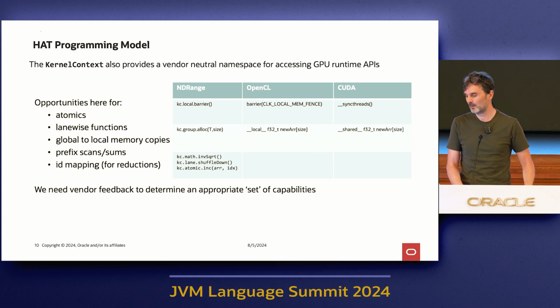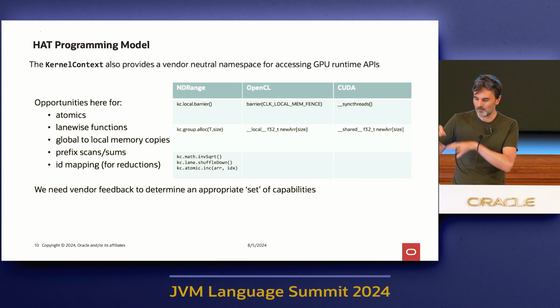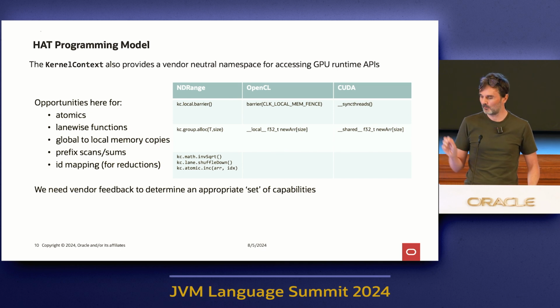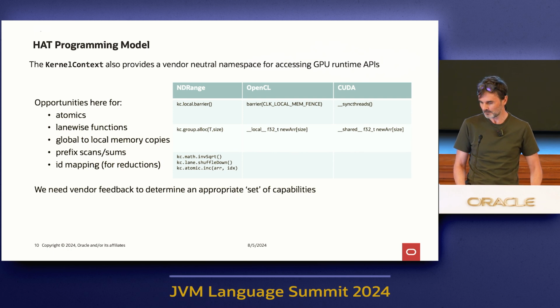And it may be where we offer high-level functionality, like prefix scans, sums, maybe vectors. We're not sure yet. We need vendors to help us work out what the common denominator is, and whether you could cast a kernel context to a sort of Level Zero context to get to Level Zero functionality if you're using Intel's APIs.